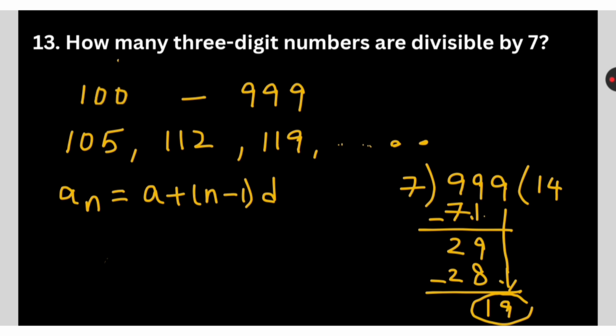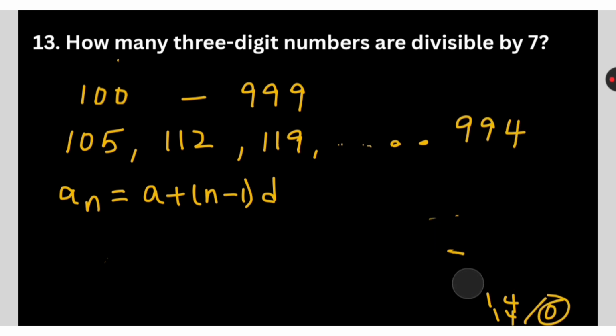This 999 is not completely divisible. If we have 4 here, then 7 twos are 14, and it is completely divisible. That means the last number should be 994. If we have 994, then bring down this 4, 7 twos are 14, and it is completely divisible by 7. That means the last number should be 994.